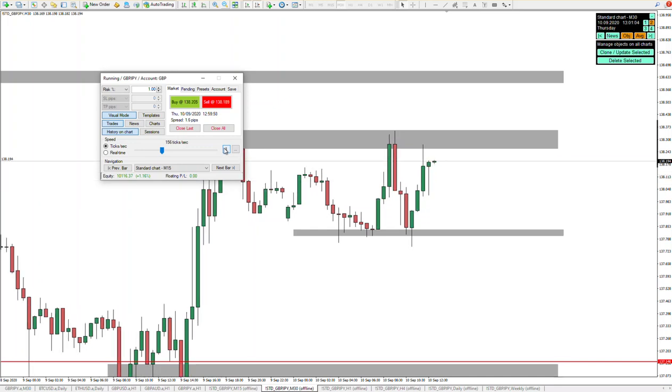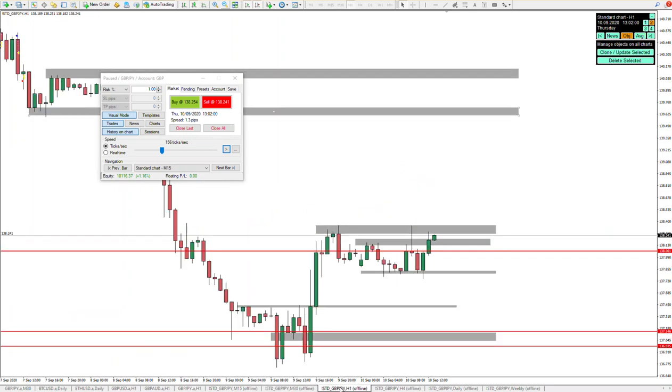Hourly is almost closing. This went too fast. Closing, still below. Still below this support. But this candle broke this last support, but this really is resistance.